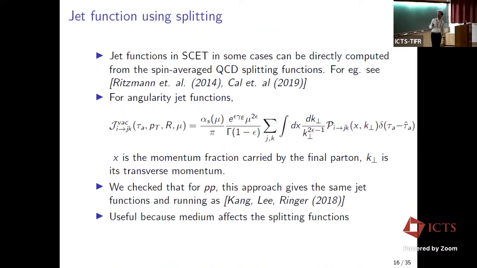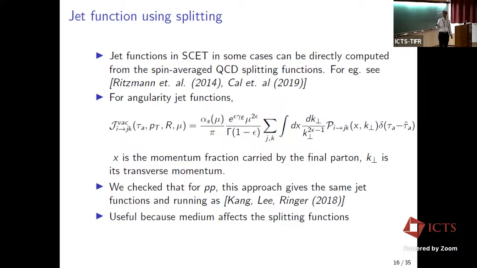Where you have some sort of an observable that you're looking at, and you have a parton which is going through this, let's say for now, just in PP, and is splitting again and again. So this is the usual DGLAP kind of a splitting kernel.